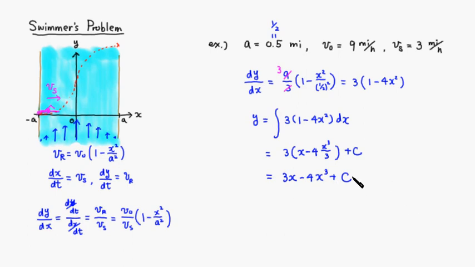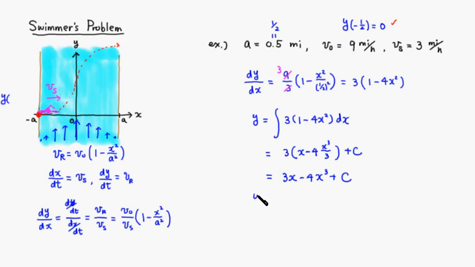Then we need to find the initial condition to find the value of c. Since the swimmer is starting from this point right here, the initial condition is y of negative 1/2 equals 0. Let's use that to find c.